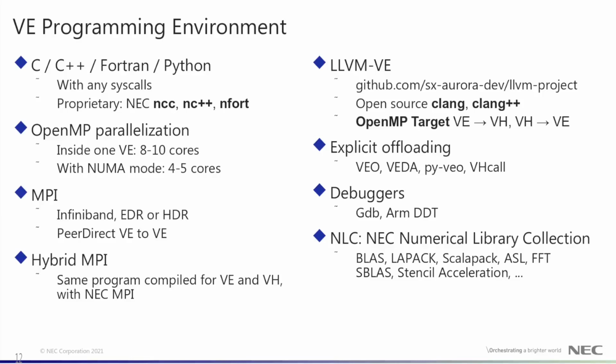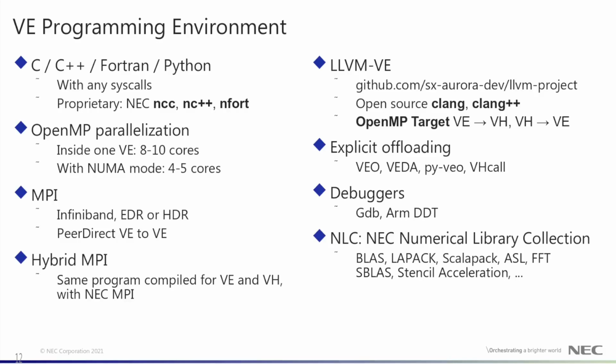Programming the VE is usually done in C, C++, or Fortran. These are proprietary NEC compilers which are able to auto-vectorize and auto-parallelize programs. Parallelization inside one vector engine can be done with OpenMP, or it can be done with MPI.